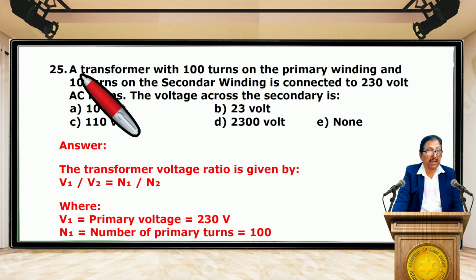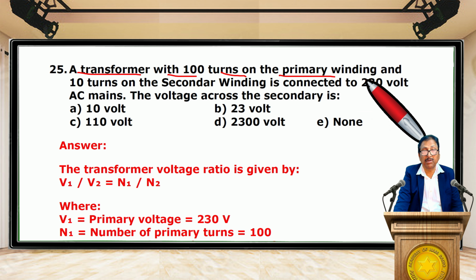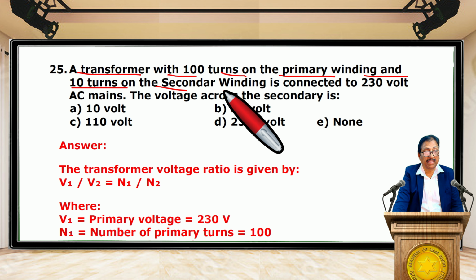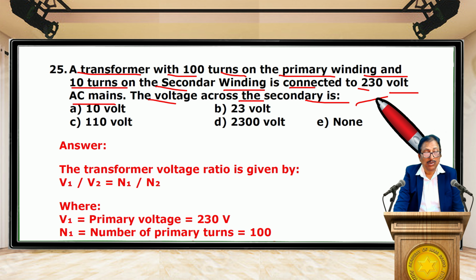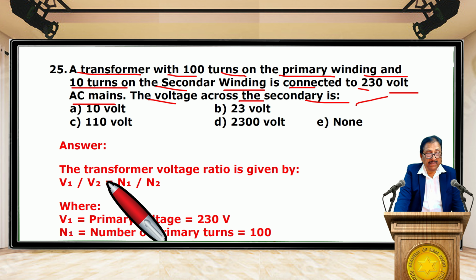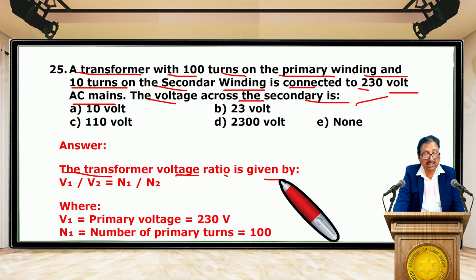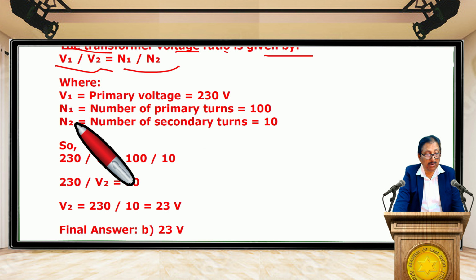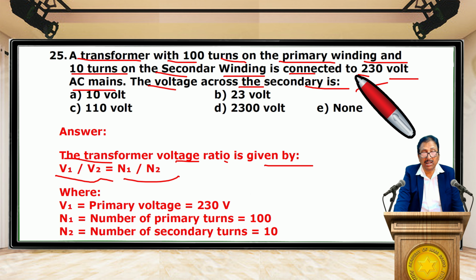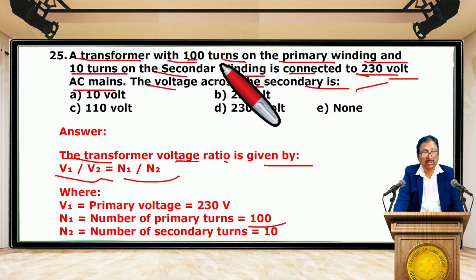A transformer with 100 turns on the primary winding and 10 turns on the secondary winding is connected to 230 volts AC mains. To find the voltage across the secondary, we have to apply this formula. The transformer voltage ratio is given by V1 by V2 is equal to N1 by N2. V1, the primary voltage, is 230, already given. N1, the number of primary turns, is 100. N2, the number of secondary turns, is 10.